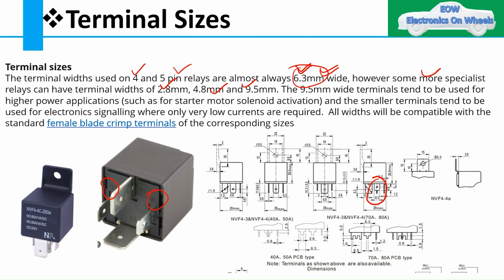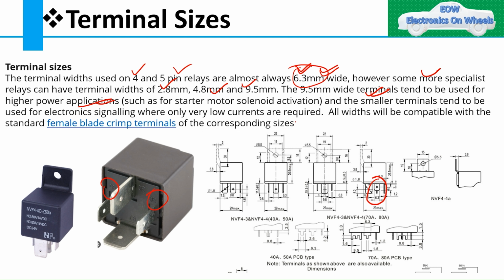9.5 mm wide terminals tend to be used for high power applications, such as starter motor solenoid activation, where you have a high current requirement and have to control high current for that particular load. You know that in a starter motor we have a peak value around 700 amps or 600 amps, depending on the capacity of the starter motor, whether 2 kilowatt, 3 kilowatt, or 3.5 kilowatt.